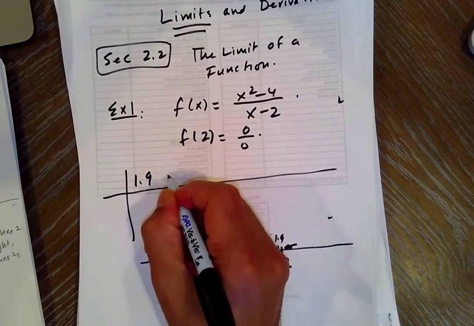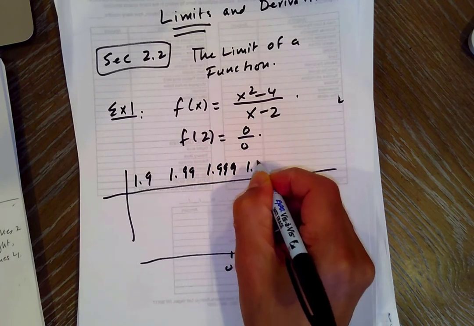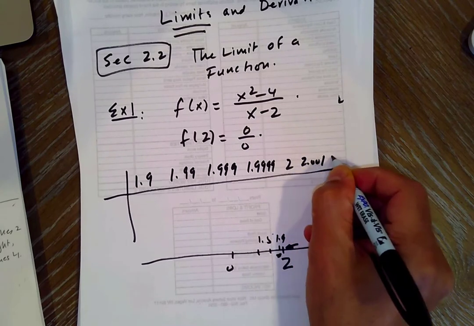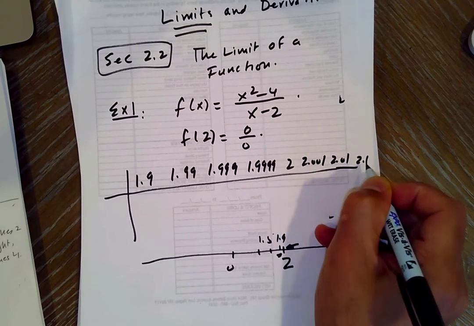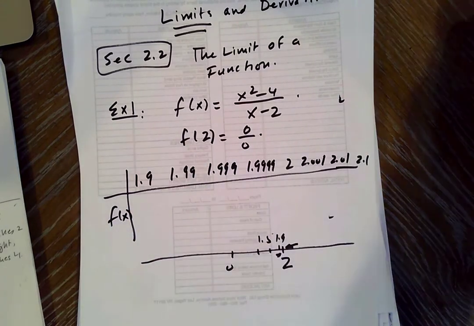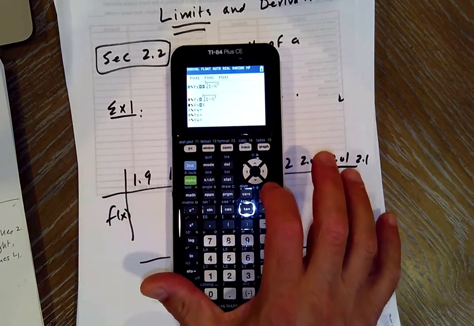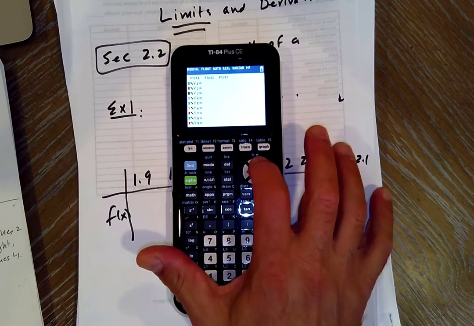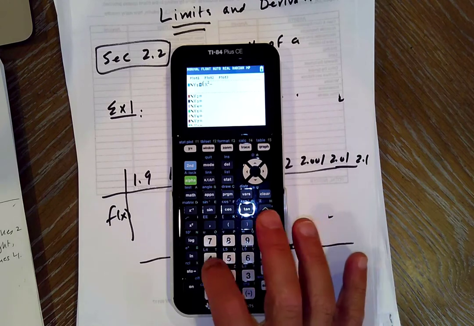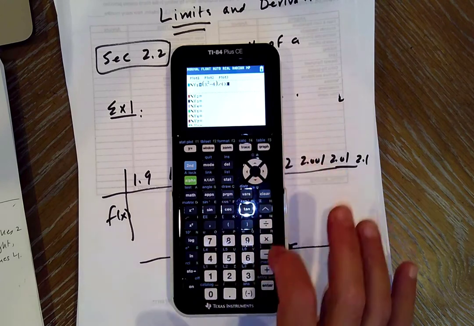So I'm going to plug in some values, and I'm going to use my calculator to do the work. 1.9999, 2.001, 2.01, and then 2.1. And I'm going to do f of x. So if you go to your calculators and key in the function, let's delete what's in there, y equals x squared minus 4 in parentheses divided by x minus 2 in parentheses.